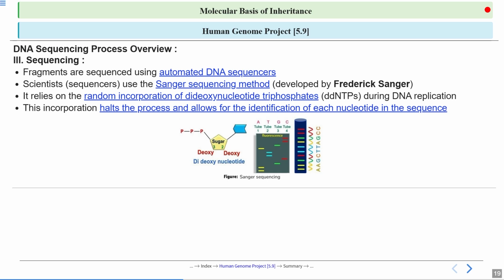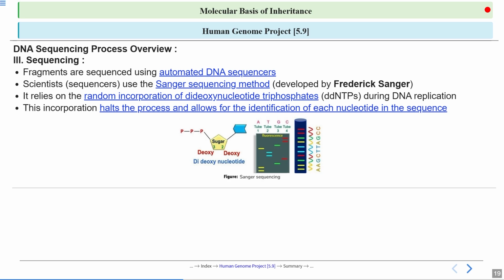The reaction is carried out in four separate tubes, each containing a different ddNTP, one for each base, A, T, C, G. As DNA polymerase synthesizes a new DNA strand, it will occasionally incorporate a ddNTP instead of a regular dNTP, causing the strand to do what? Causing the strand to terminate.